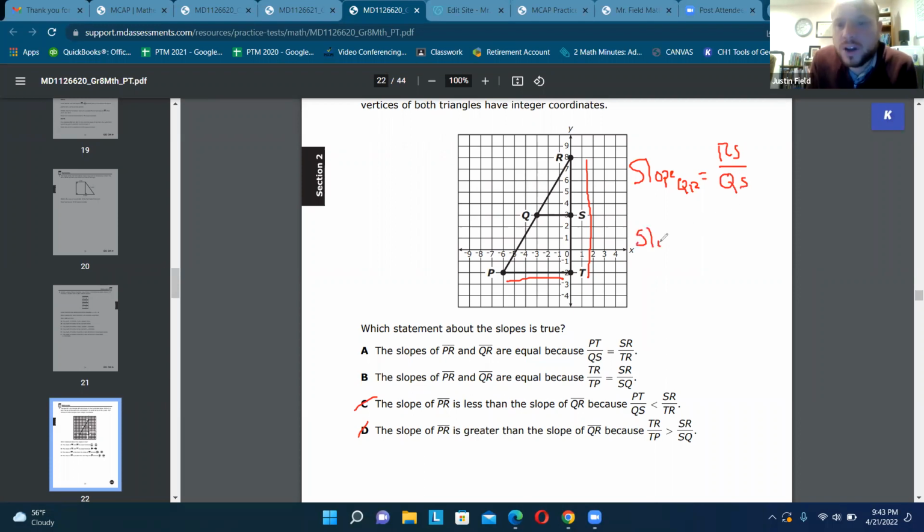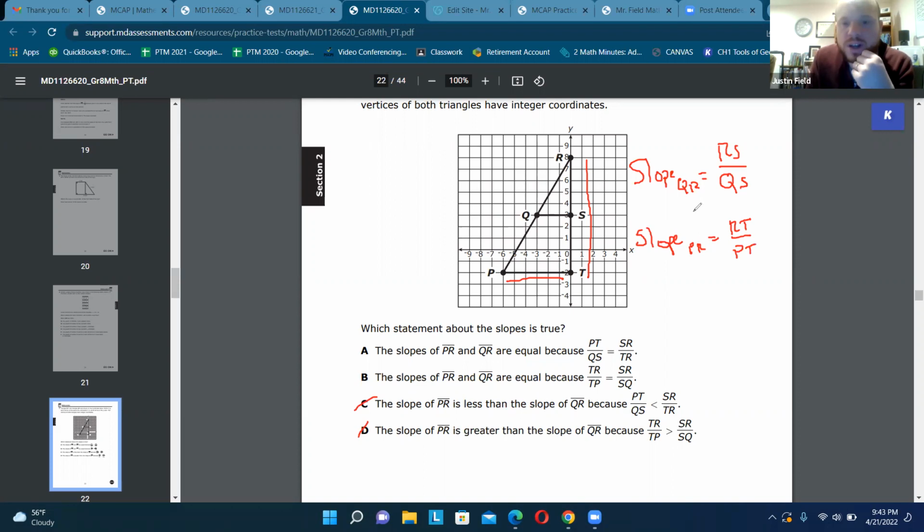To find the slope of PR, sorry, PR, makes it even easier. We'd find the rise would be RT, and the run would be PT.